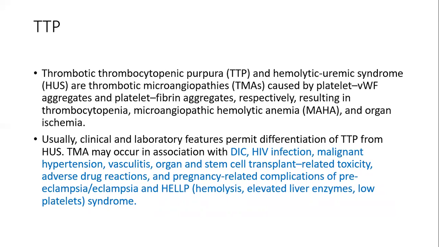Usually, clinical and lab features permit differentiation of TTP from hemolytic uremic syndrome. And they occur in association with DIC, HIV infection, malignant hypertension, vasculitis, adverse drug reactions, and pregnancy-related complications like preeclampsia, eclampsia, and HELLP syndrome.